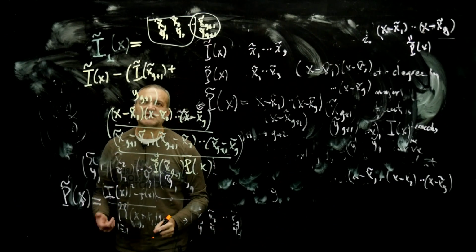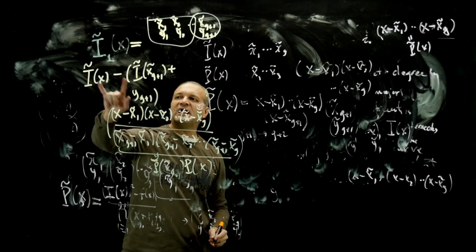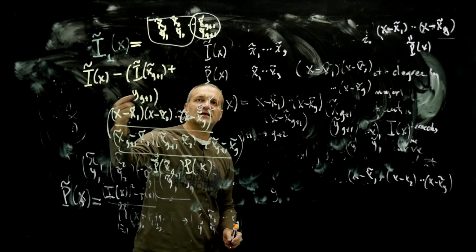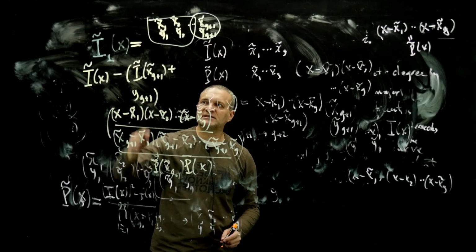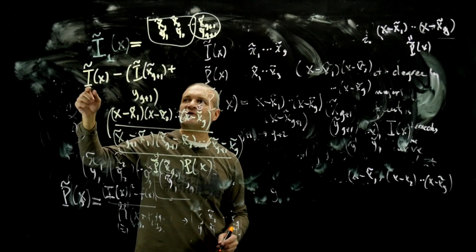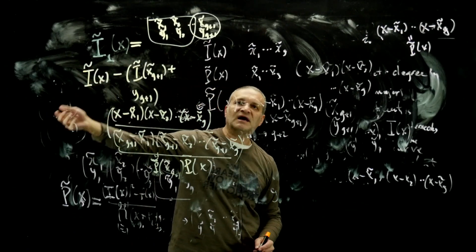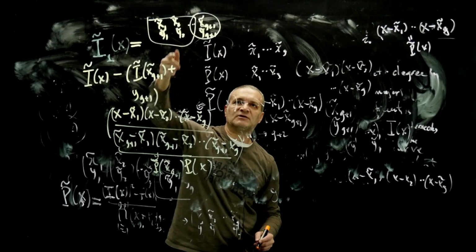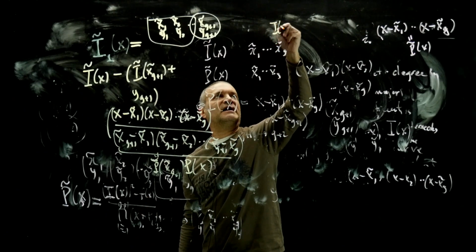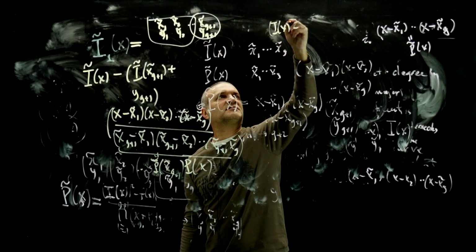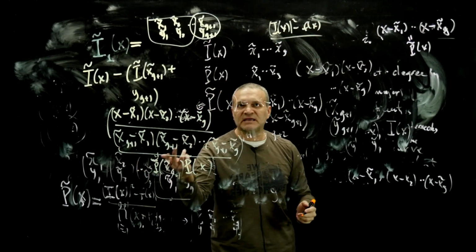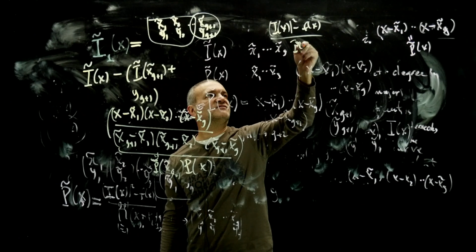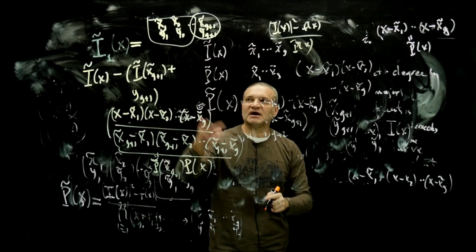So what I do now, I'm getting my new I tilde x, my p tilde x, which corresponds to g plus 1, and then I'm doing exactly what I did before. I'm taking this new I tilde, plugging it into the equation that I had before, I tilde x squared minus f of x, and I'm going to divide by my p tilde x, because it is divisible, because these are intersections.